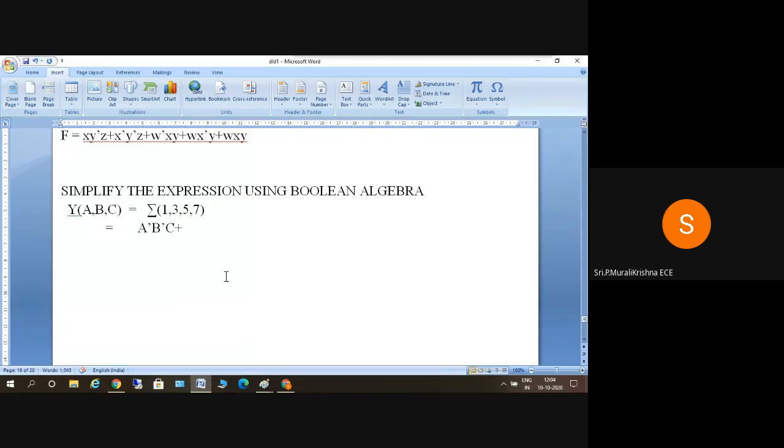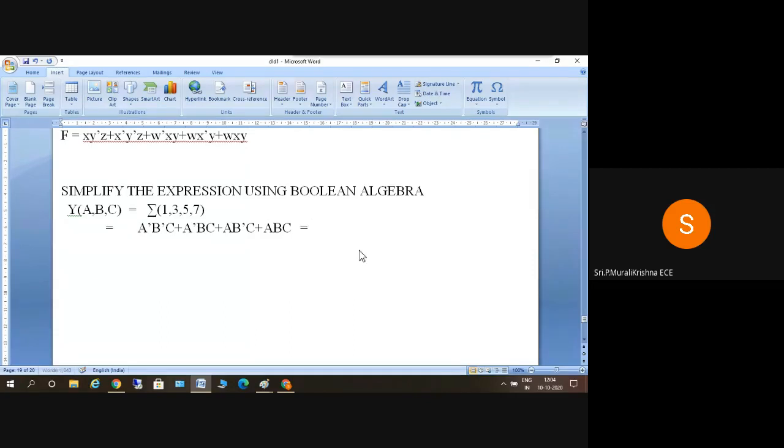So 5 is, A is 1 and B is 0 and C is 1. Okay, and 3 is 0 1 1. So that is A bar B C, 0 1 1. That is 3 here. The last one is 7. So A B C. Okay.